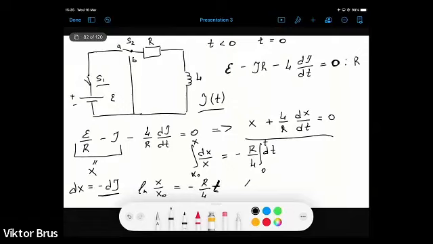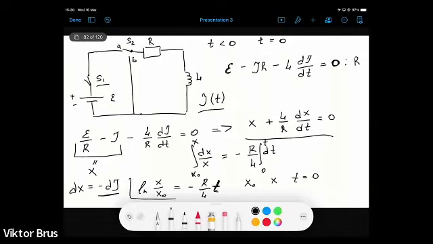x naught, the value from which we start to integrate, is the value of x at time t equals 0.